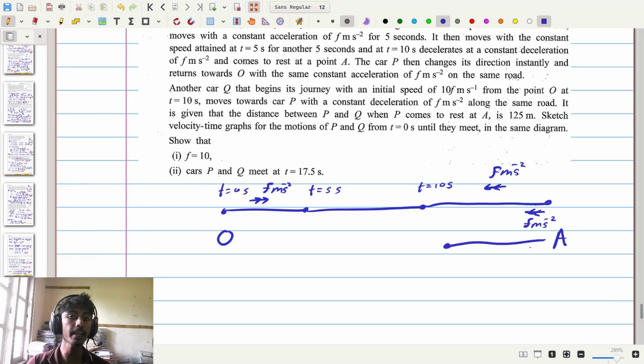We are not told when it stops, we are just told it continues accelerating towards O in that direction.